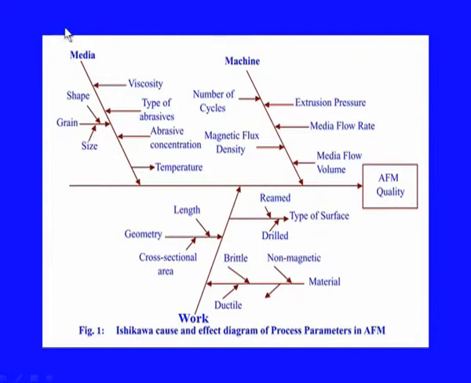All three categories of process parameters, based on media, machine and workpiece, are shown. For the workpiece, there are many parameters, like material, whether brittle or ductile, the geometry of the workpiece, the length, the cross sectional area, and whether the workpiece is reamed or drilled.